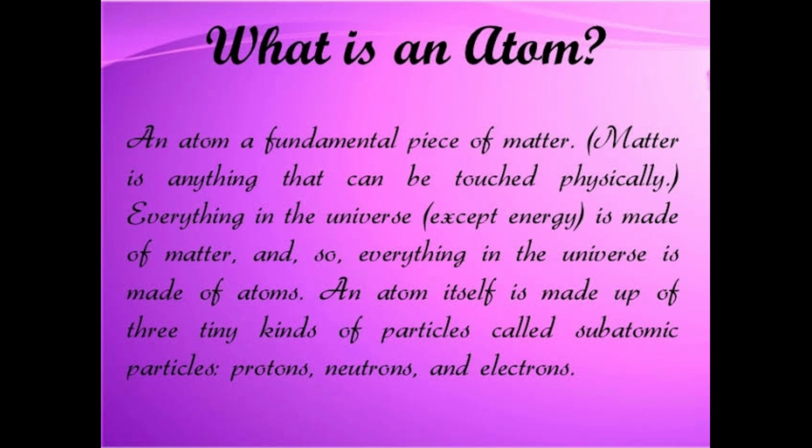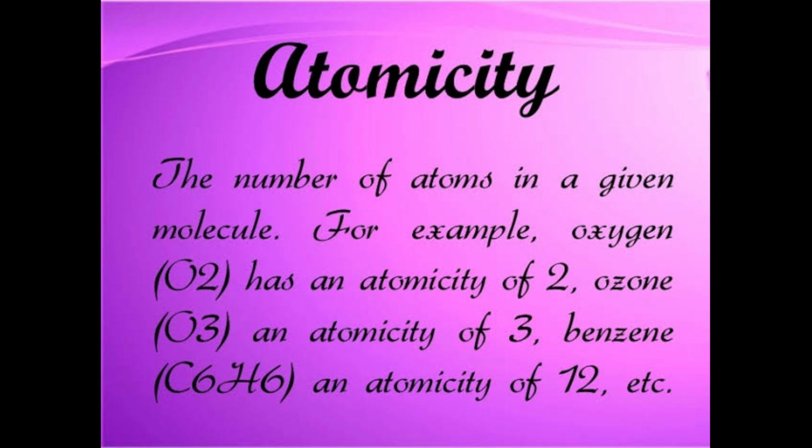An atom itself is made up of only three kinds of particles, called proton, neutron and electrons. They are called subatomic particles. So children, what is an atom? The smallest particle of anything which cannot be subdivided is called an atom, and it is made up of proton, neutron and electrons.